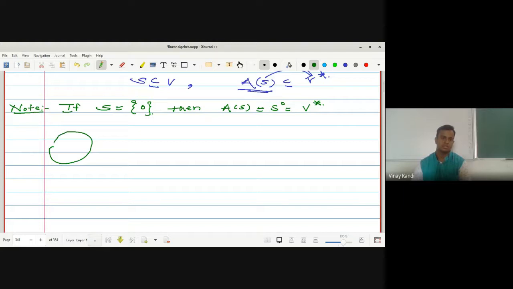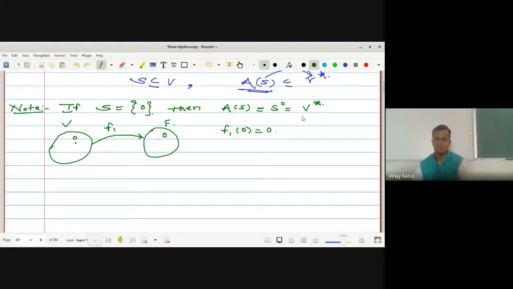Look at this. Suppose this is V and this is the zero vector and this one is the field F. Suppose this is the functional f1. This f1 transforms this zero vector to 0. Why? Because f is linear. f1 of 0 is 0. If a function is linear then T of 0 is always 0. T of 0 is always 0 in a linear transformation. Any doubt? No, sir.